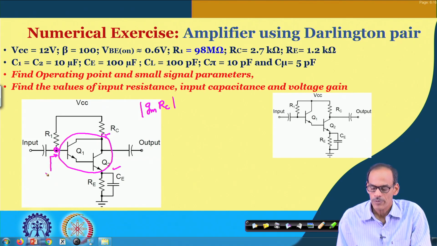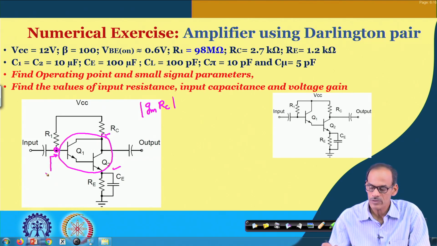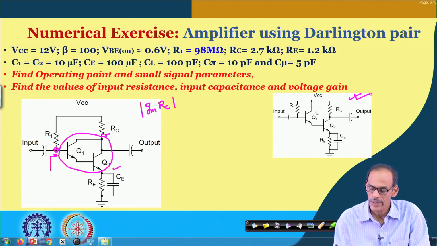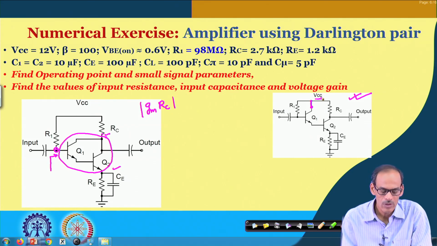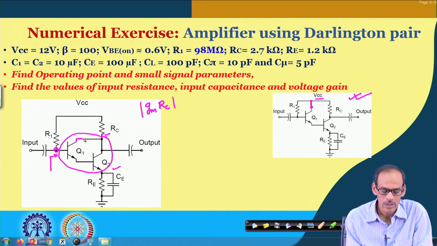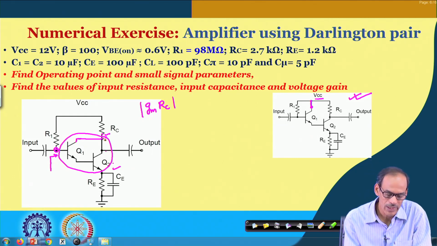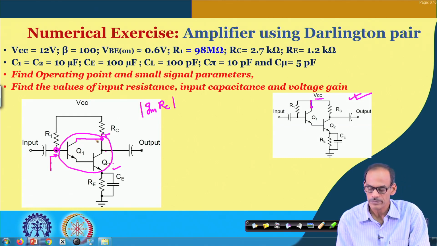For comparison with the previous circuit, where the collector of Q1 was connected to the supply voltage VCC, here in the Darlington pair the collector of the first transistor is connected to the collector of the second transistor. In fact, both the collectors are connected together.